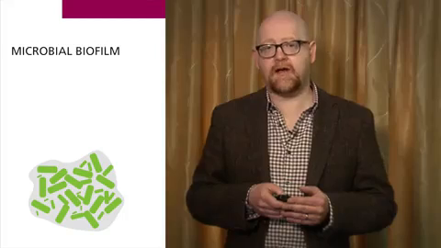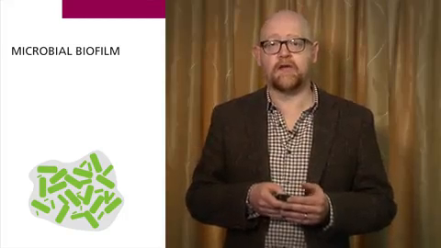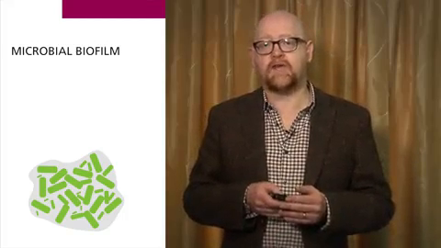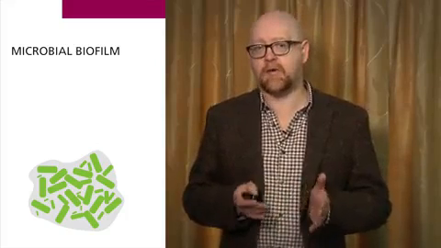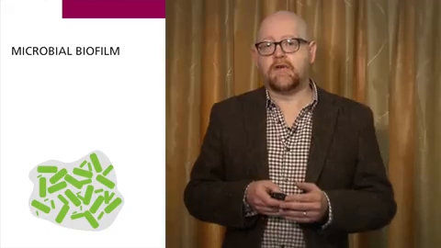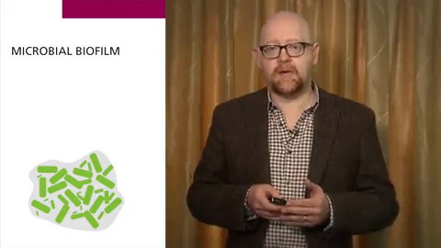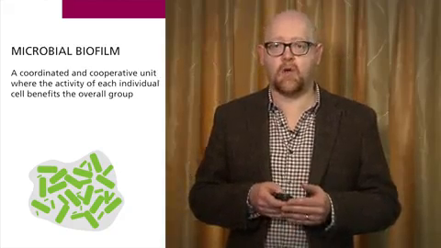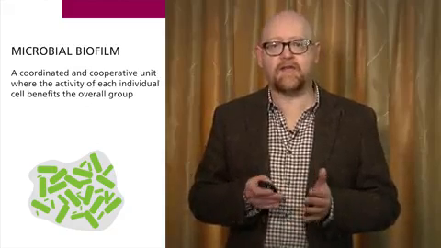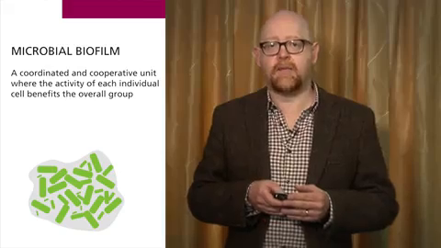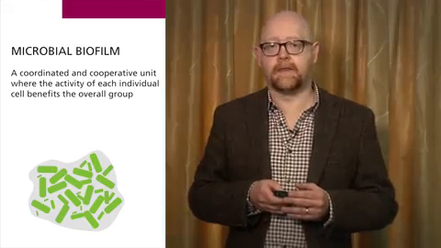In a microbial biofilm, innumerable cells form complex structures in which each individual cell plays only a small role. Much of the literature traditionally describes a biofilm as a coordinated and cooperative unit where the activity of each individual cell benefits the overall group. Upon closer inspection, however, this is not always the case.